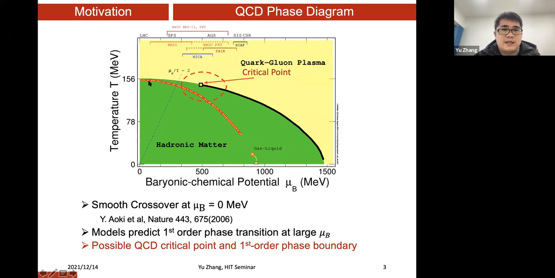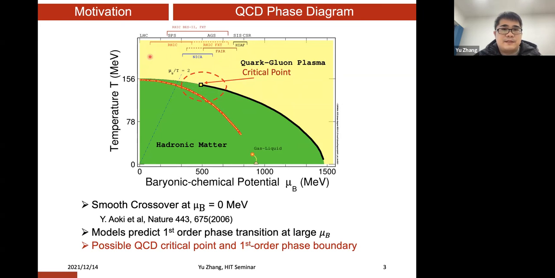About the phase transition between these two phases, it is well known that at zero μB, it is a smooth crossover. While at large μB, models and theory calculations predict a first-order phase transition line, as well as a critical endpoint of the first-order phase transition boundary.